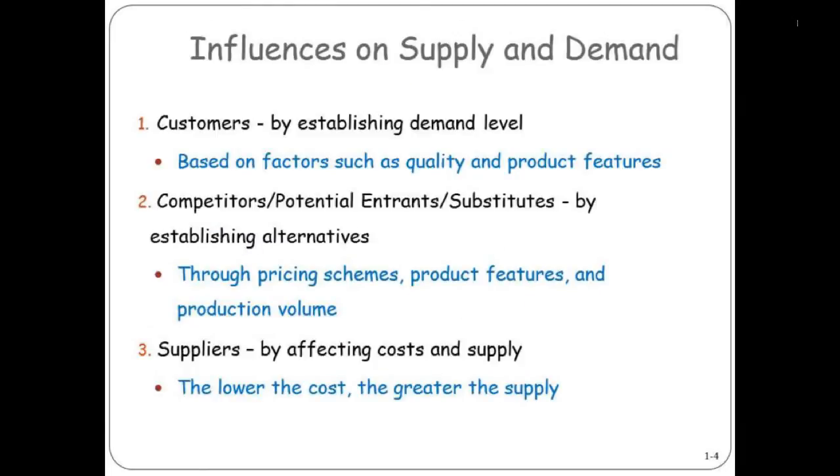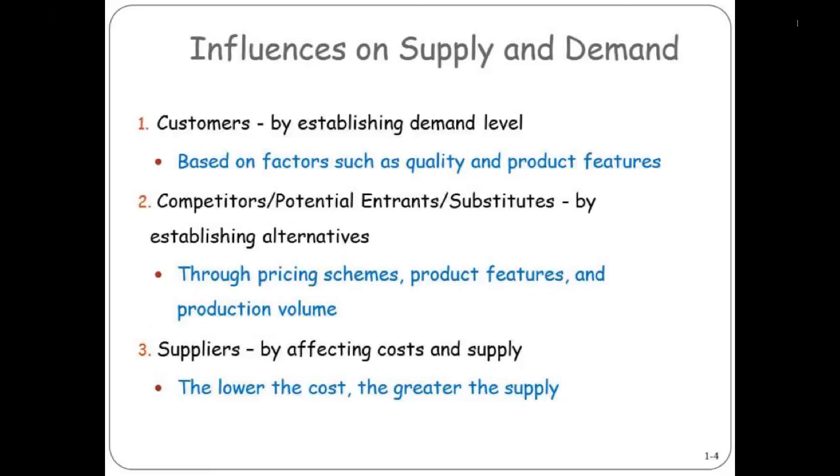If your customer power is strong, that will affect your pricing to a great degree. They will be defining what they're willing to pay. If you're a differentiator, you have more power over your price because there's not a whole lot of competition for your product because you have a unique product.